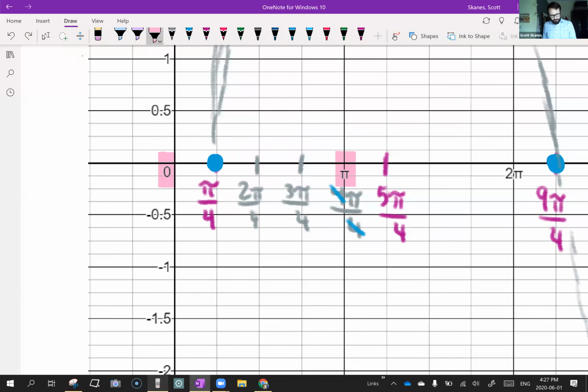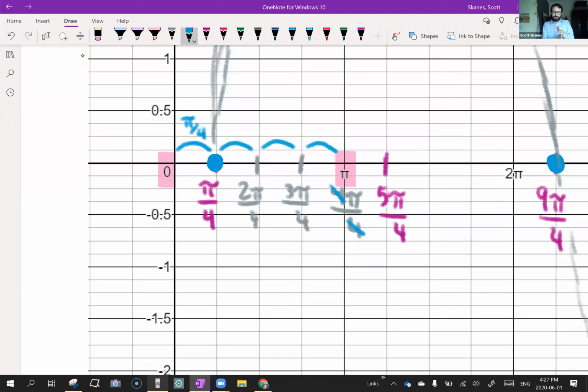There are 1, 2, 3, 4 jumps to get to pi. Or in other words, 1 jump, 2 jumps, 3 jumps, 4 jumps. So each one of them has to be pi over 4. So the first one's pi over 4. Every single other one I just figured out from that.